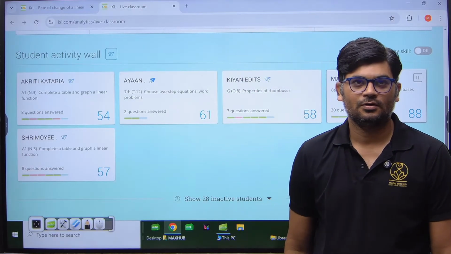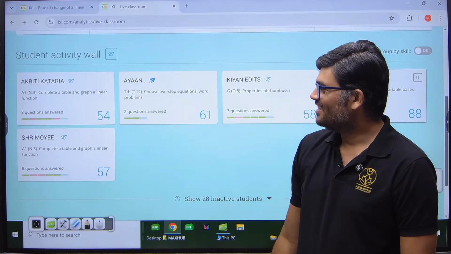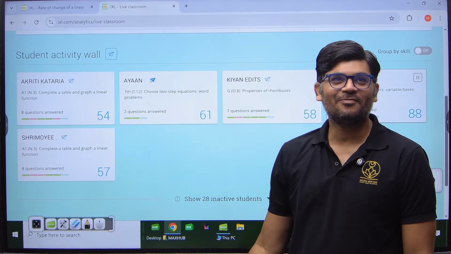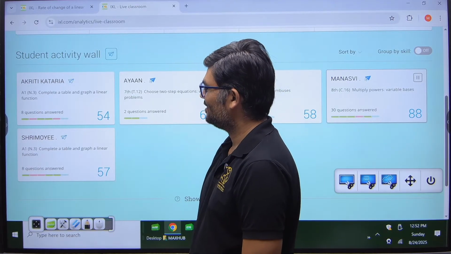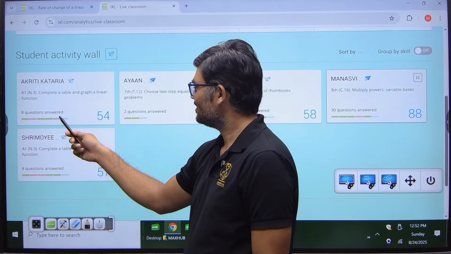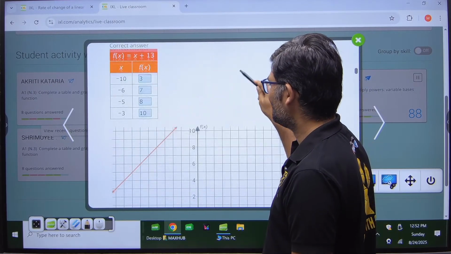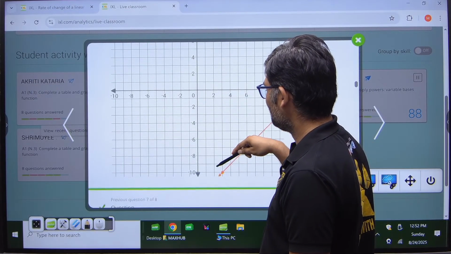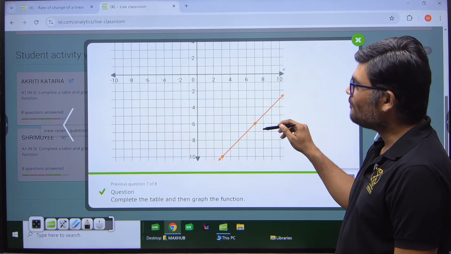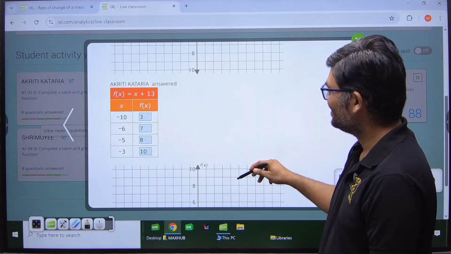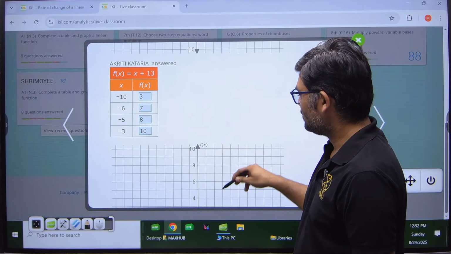Oh, I was way off. So you went back. Shrimoy came forward, 57. I went back. I got the same values as correct, but I plotted them wrong. Okay, let me see. So you plotted it wrong. You plotted minus 10, comma 3.